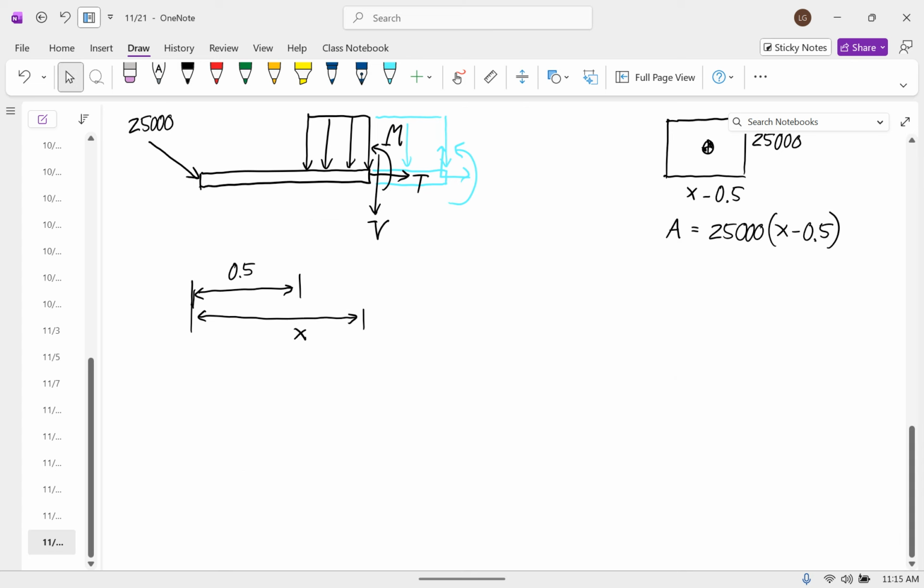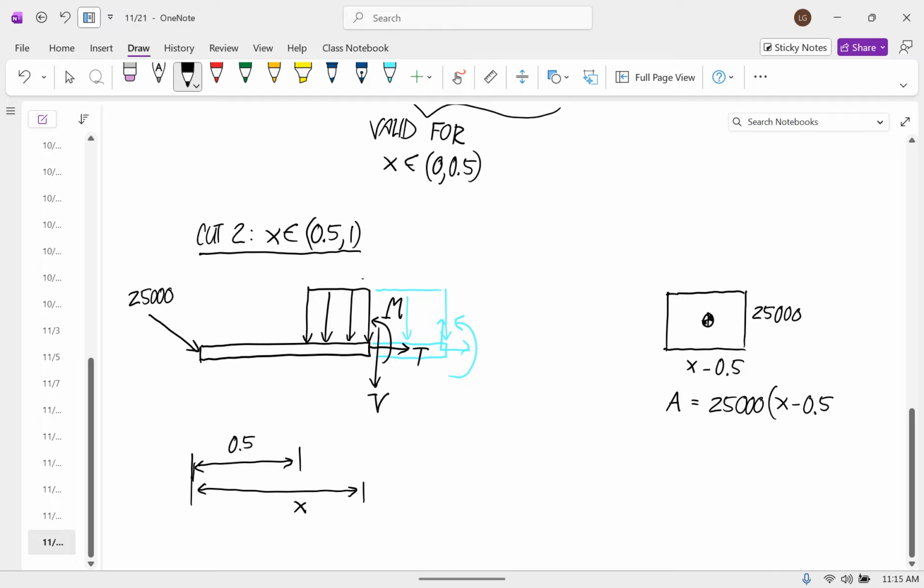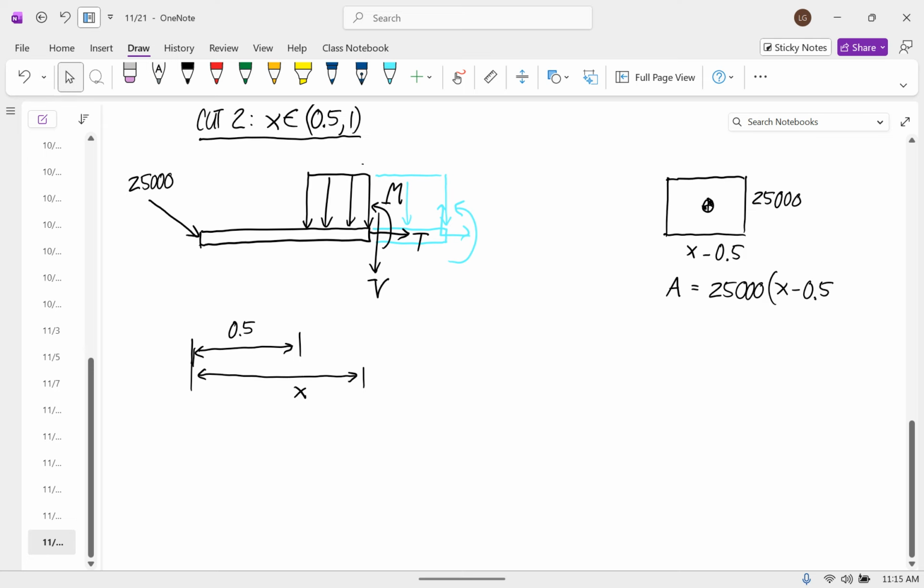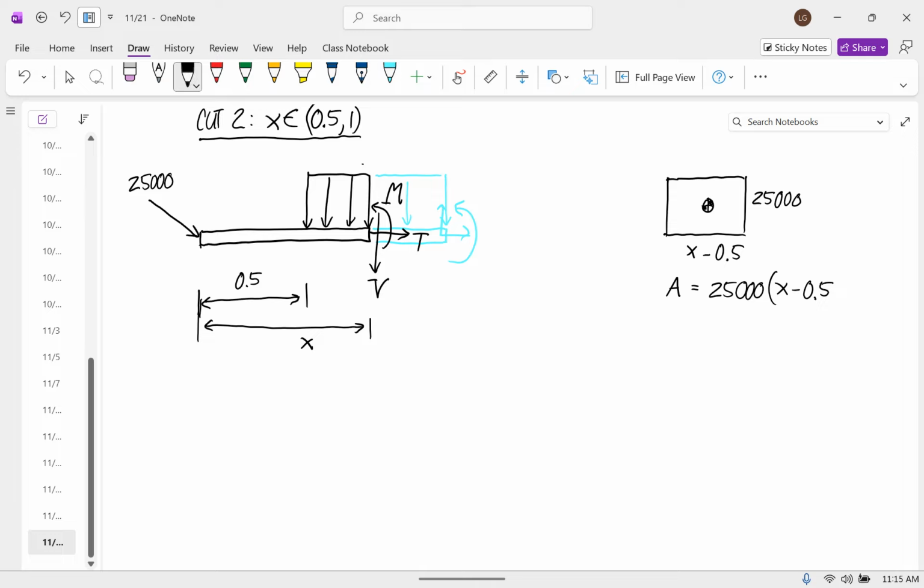Okay, so now I'm going to redraw the free body diagram. We have a point force acting in the middle of the distributed load part that's in black.